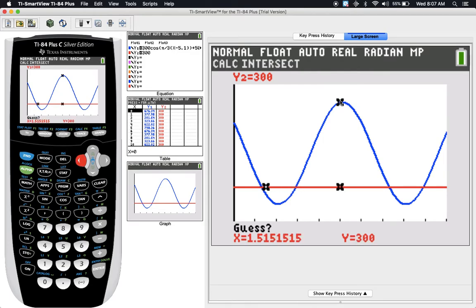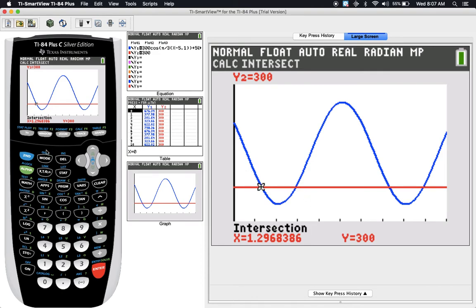So I care about this one here. If I just randomly did it, it might have given me this answer over here, but now it knows it's aiming for that one. I hit return, and I know that at year 1.3 approximately, the fox became endangered, and then I'm going to do it again to find this other point.